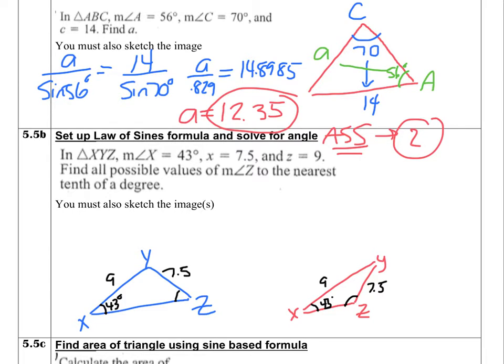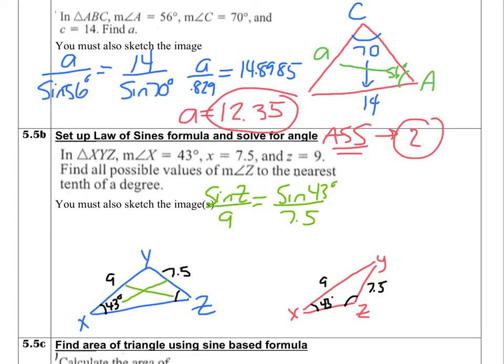Now when we do this, you're going to notice we have an angle side combo and a side and an angle. Now we don't know the angle, so let's start by putting that on the top. I'm going to do the sine of Z over 9 is equal to the sine of 43 divided by 7.5.